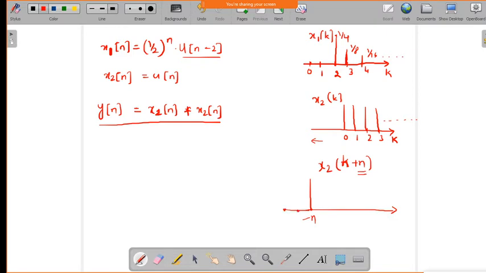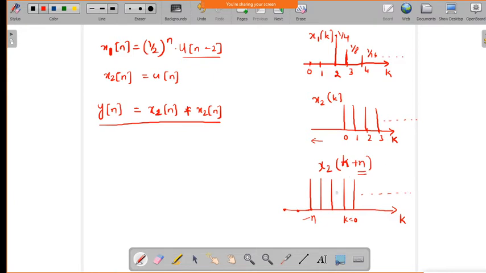The amplitude values are 0 beyond this. Say this is at k equal to 0, this is the index k, and it goes up to infinite value. So this is shifted by n value.